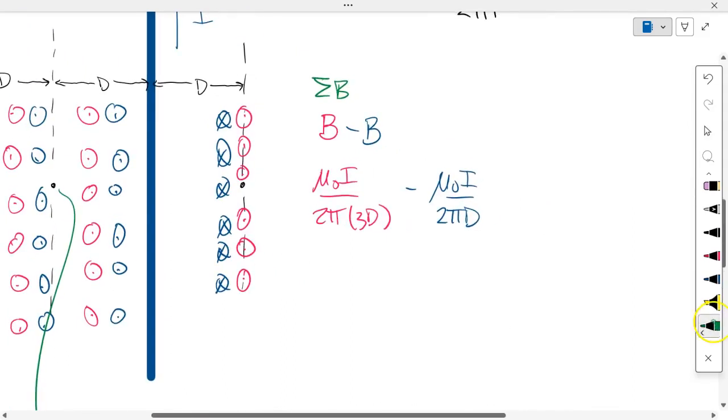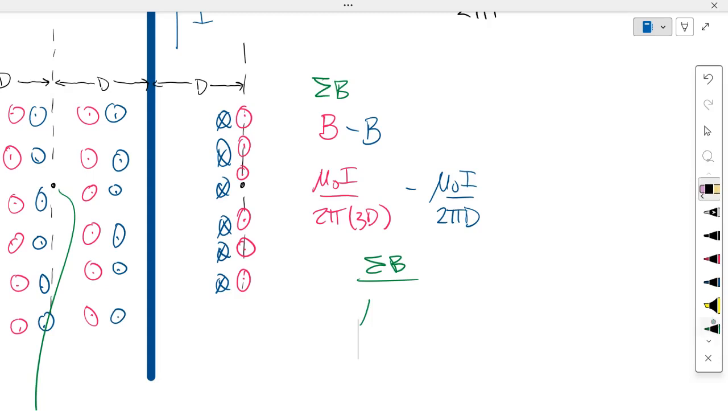So our net field is a sixth minus a half. That's a sixth minus 3/6, right? Yeah, sixth minus 3/6 is negative 2/6, negative 1/3, negative. Or how about this? Mu naught I over 3 pi d inward.